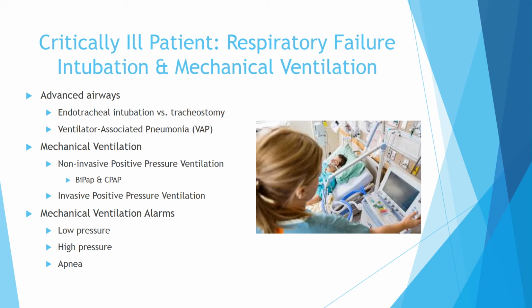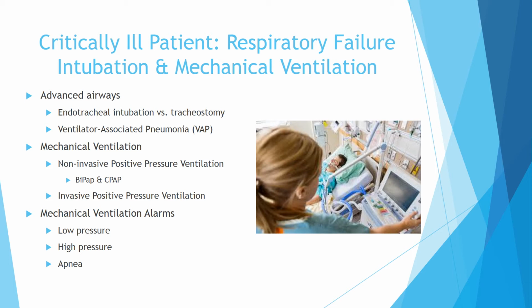If you put BiPAP on someone, and I keep going back to this overdose patient because that's what comes to mind with a lot of these things, if you have someone who's taken too much opioids and their respiratory rate's really slow and their CO2 levels are very elevated and they're very lethargic, you can put them on something like BiPAP, the mask over their face, and they'll breathe at their own slow rate.